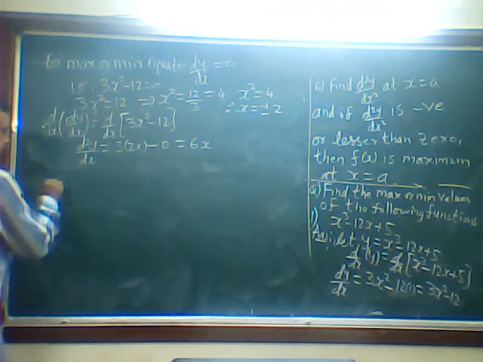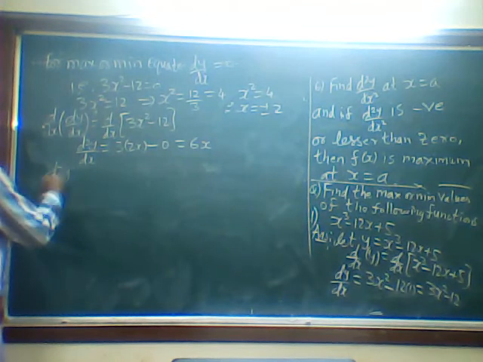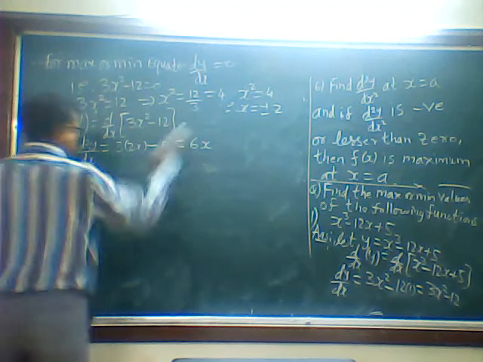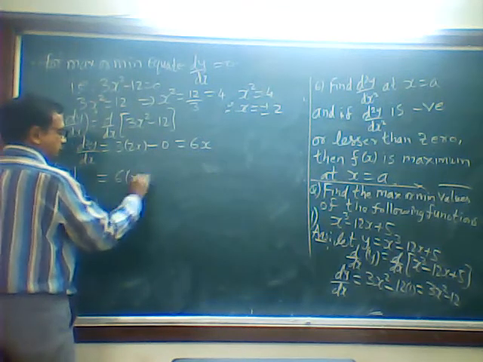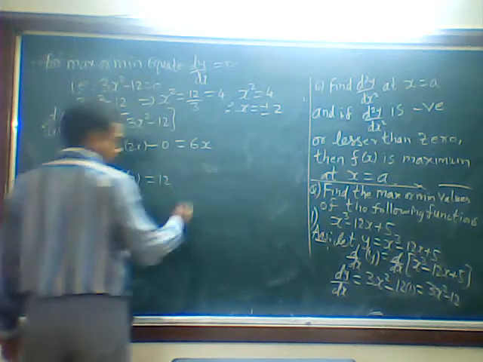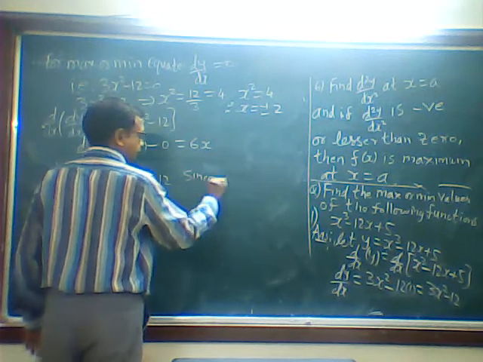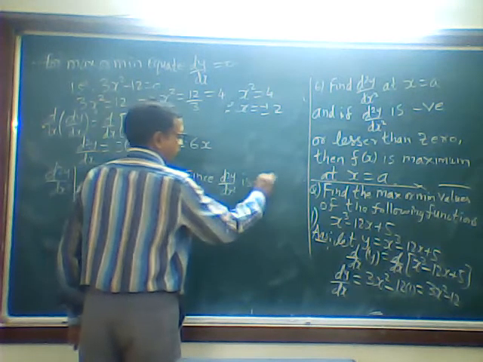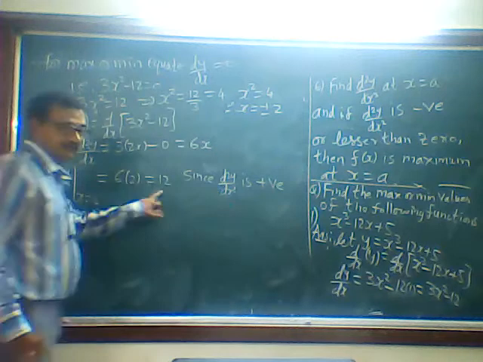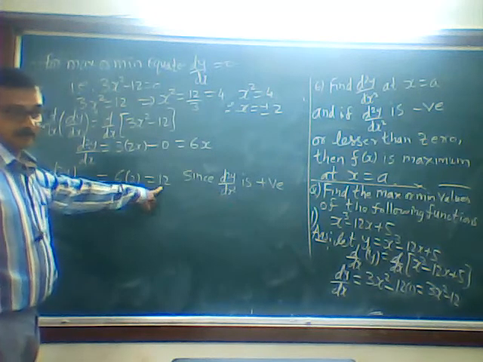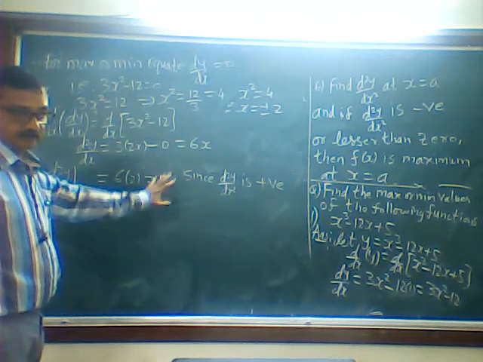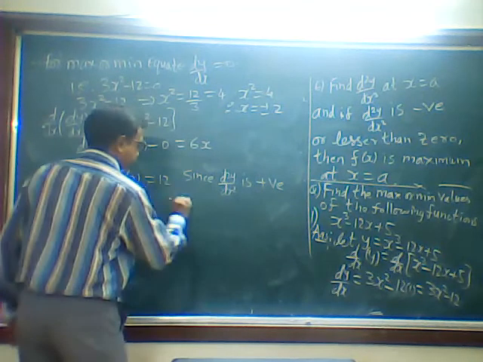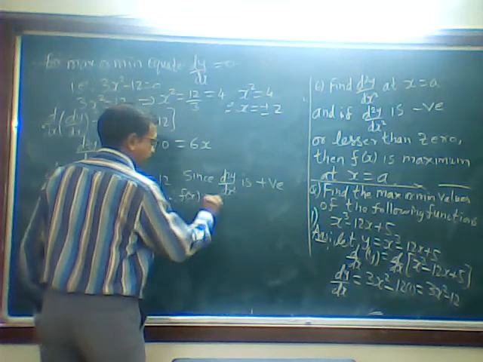Now d square y by dx square at x is equal to 2 is 6 into 2, that is 12. So I will say here, since d square y by dx square is positive, 12 I got positive, or greater than 0, one and the same, therefore f of x is minimum here.